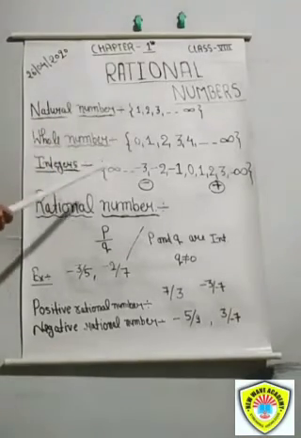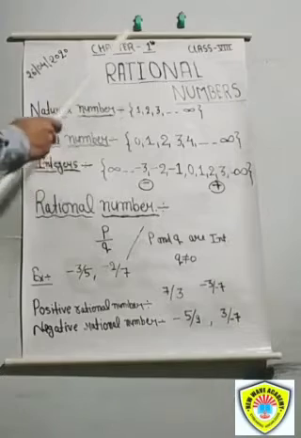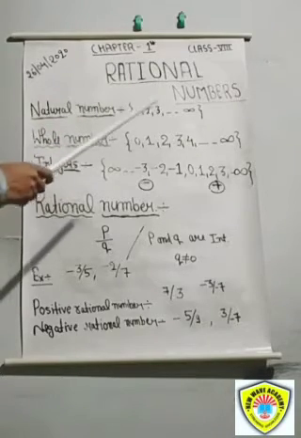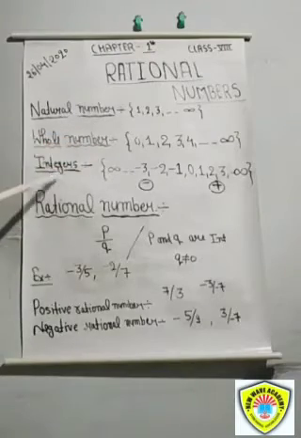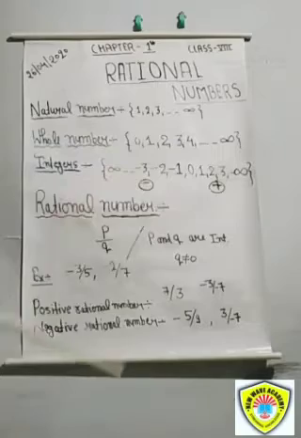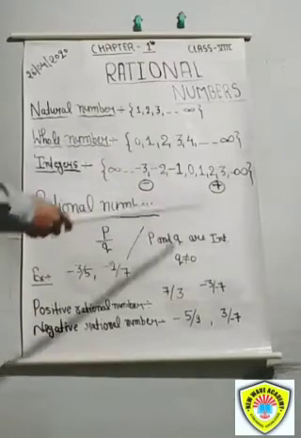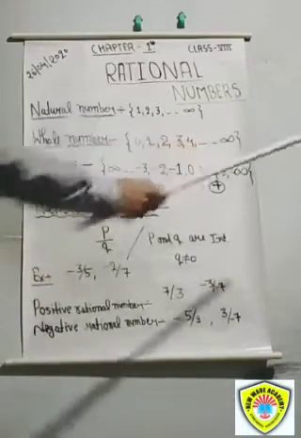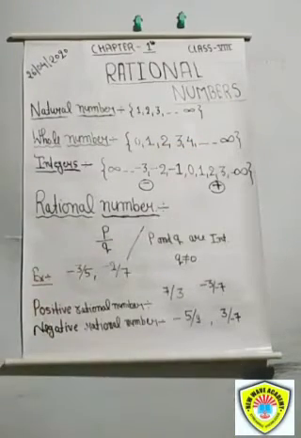Whole numbers start from 0, like 1, 2, 3, and go to infinity. What are integers? All the positive numbers, all the negative numbers and 0 are called integers. The right-hand side is called positive integers, the left-hand side negative integers.